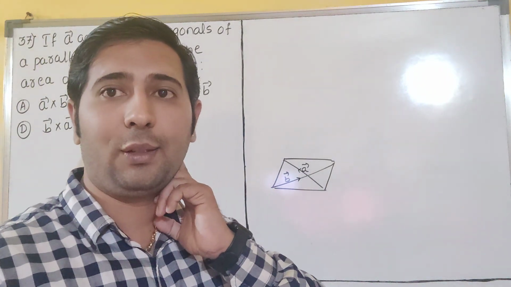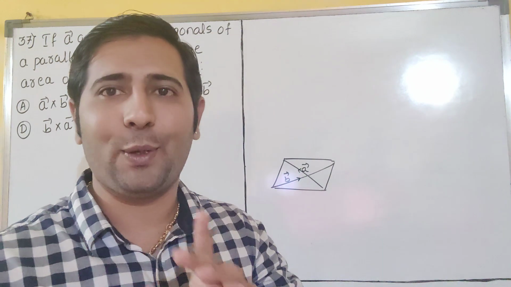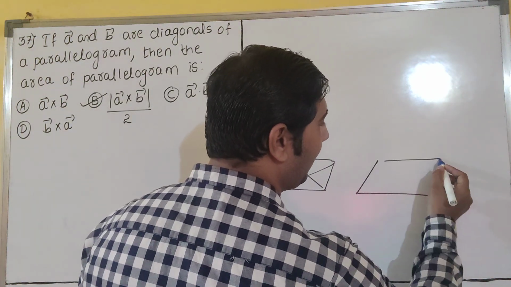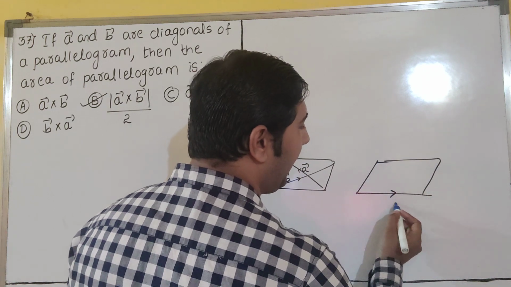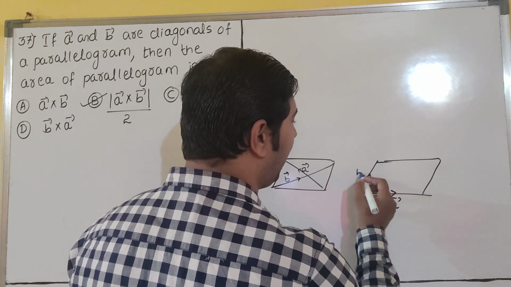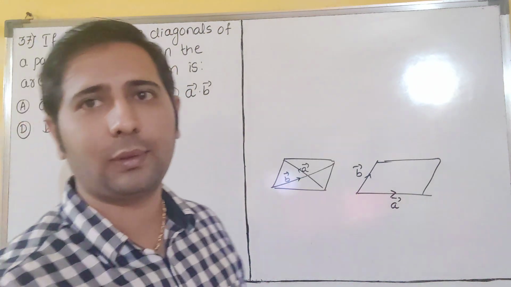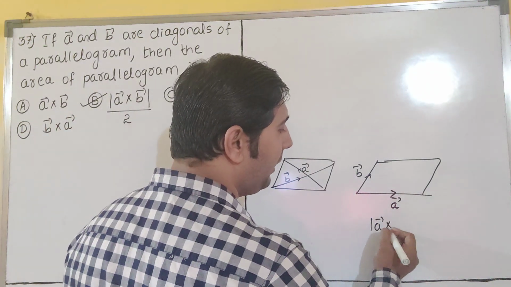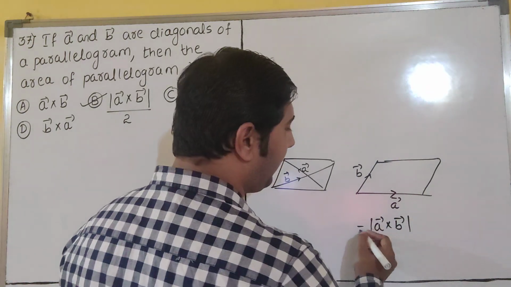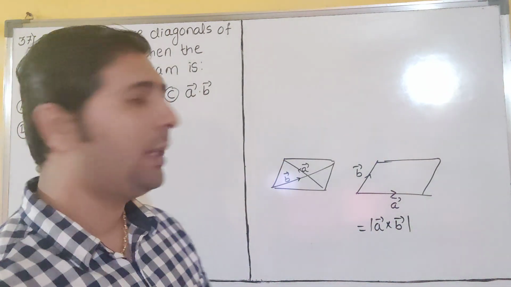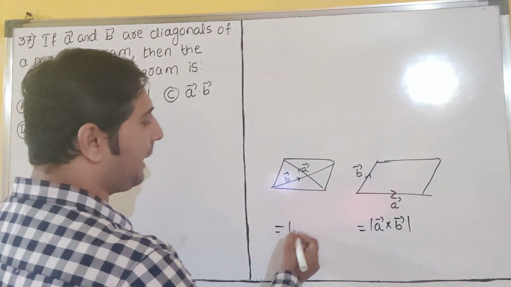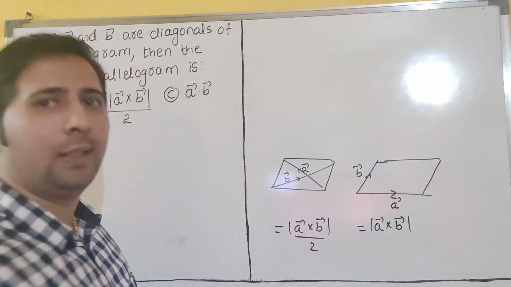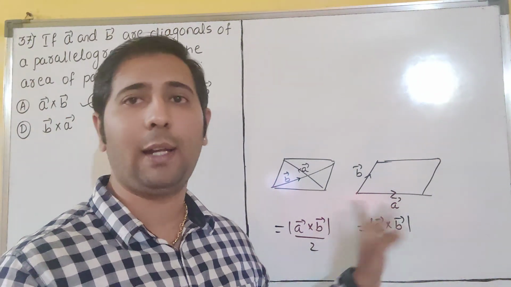You may ask, I know what your doubt is. See, the parallelogram is there, with vector A and vector B. If these are the adjacent sides, then the area of the parallelogram is magnitude of A cross B. If diagonals are given, it is magnitude of A cross B divided by 2. This is the difference for the area of a parallelogram, dear students.